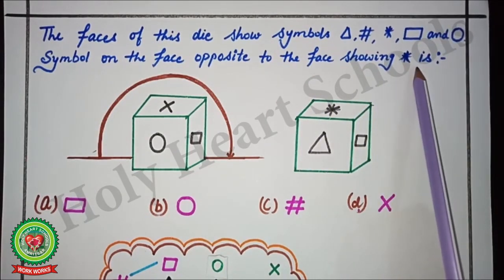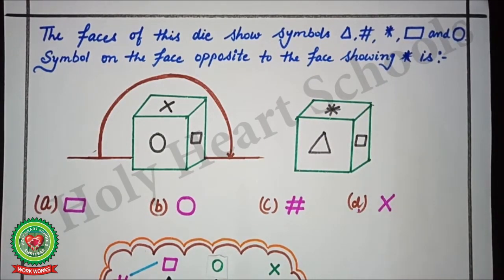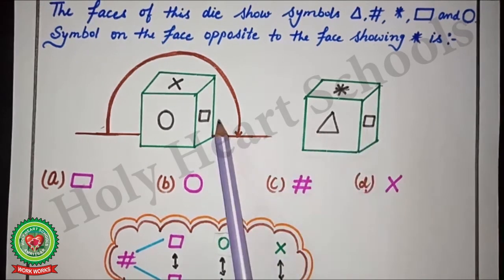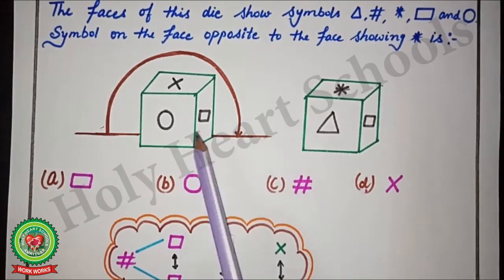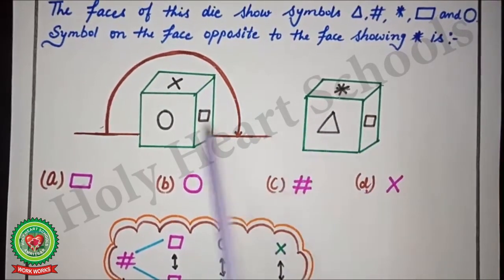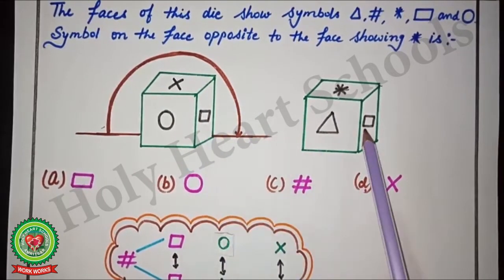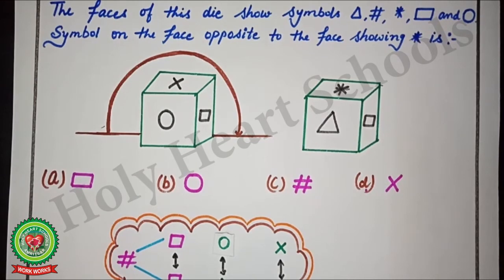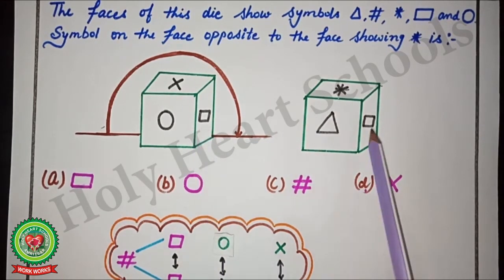So again we will start by looking for the common letter, number or symbol, because here we are given symbols on the dice. So we will see the common symbol in both. Here you can see this is the rectangle which is given to us. So this rectangle is common in both.